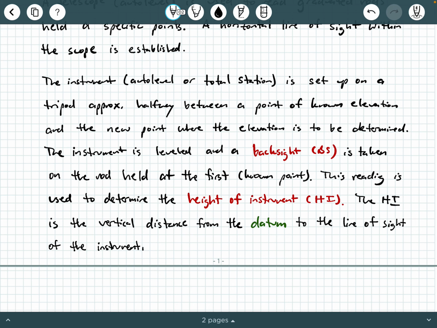I'm going to draw a nice figure for us in just a second, but right now I'm just giving the explanation and some of the vocabulary words.